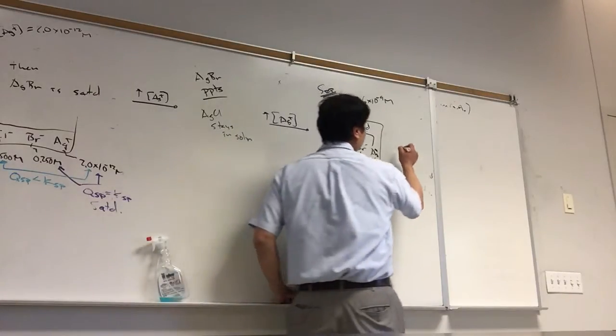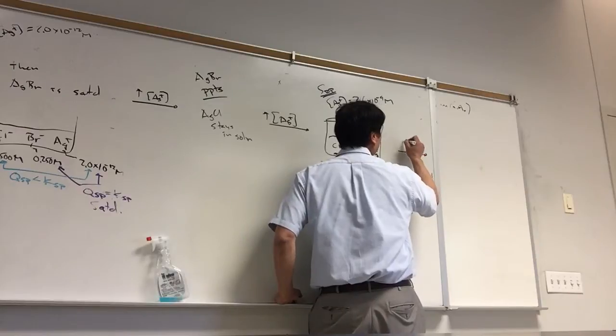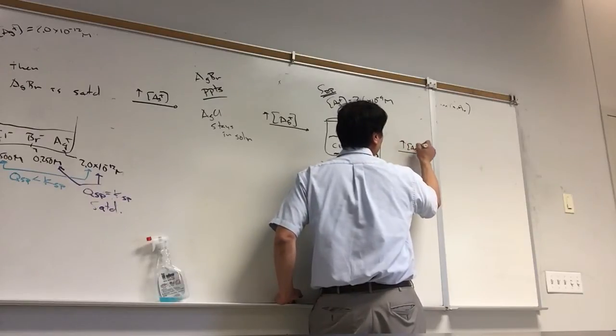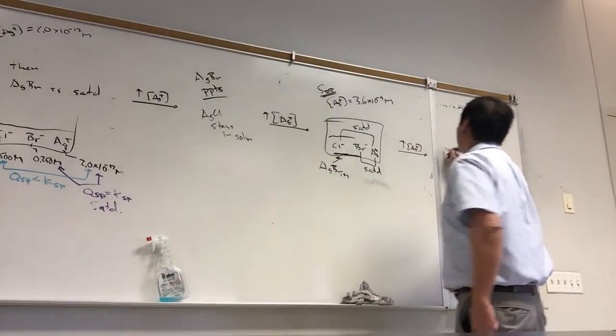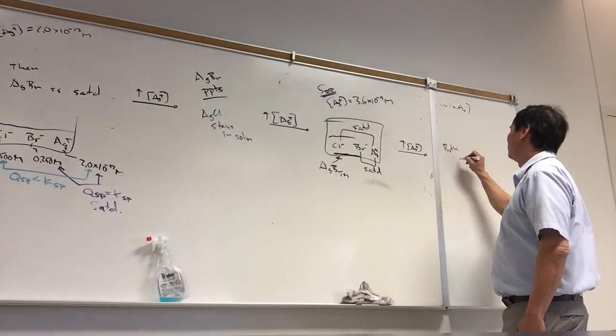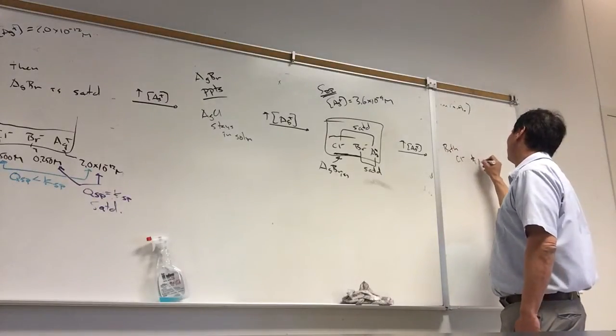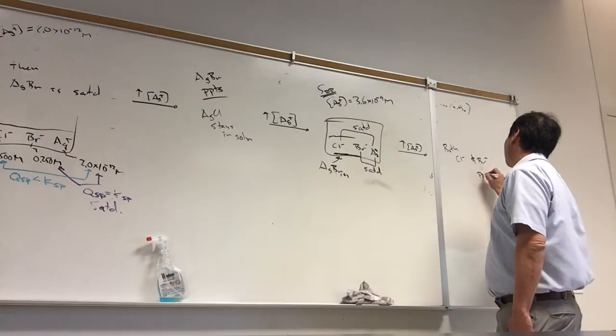Therefore, I need to stop here, because if I continue to increase the silver ion concentration, both chloride and bromide precipitate.